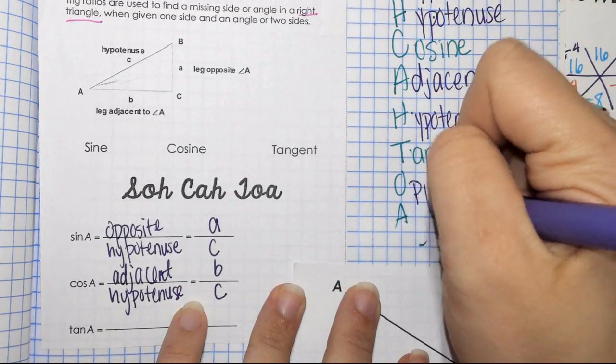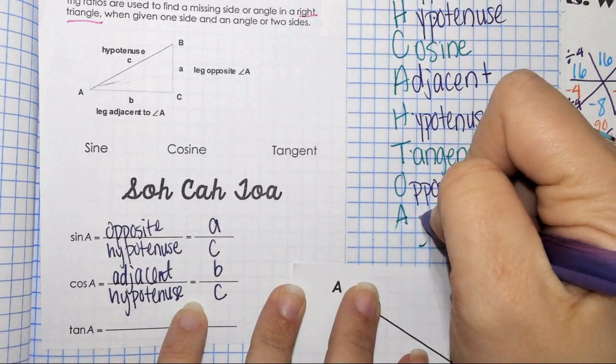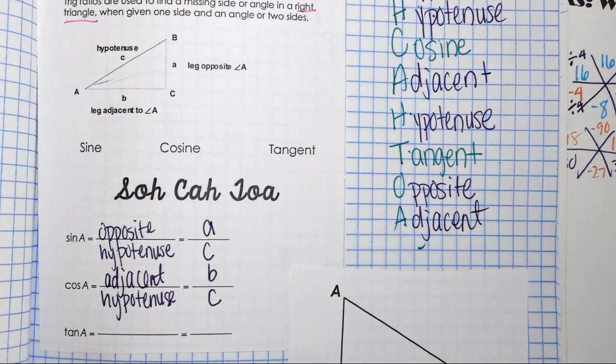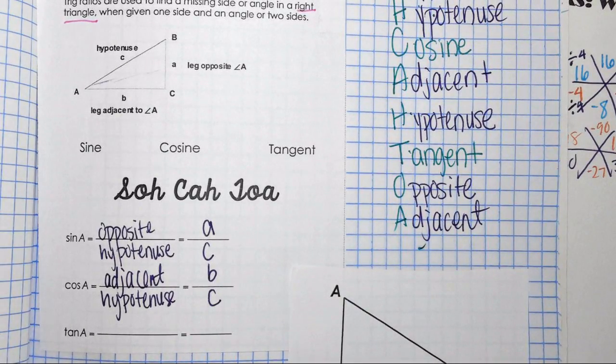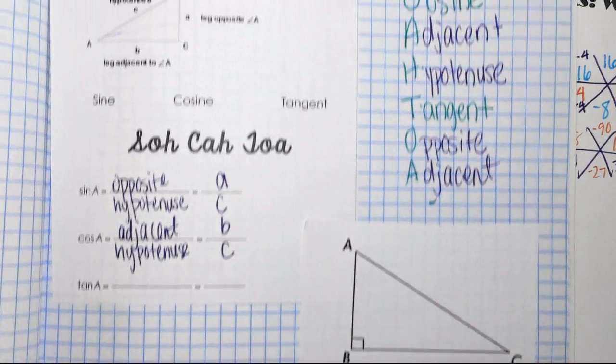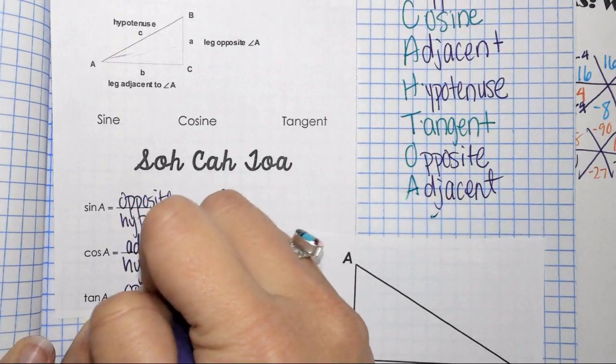Opposite. What does the A stand for? Adjacent. So on tangent, do you need the hypotenuse? No. Magic. All right, so remember, it's opposite divided by adjacent.